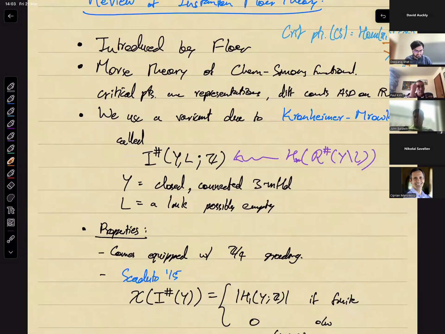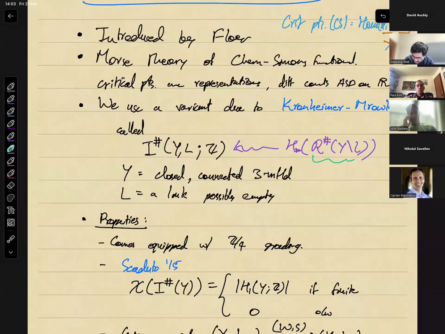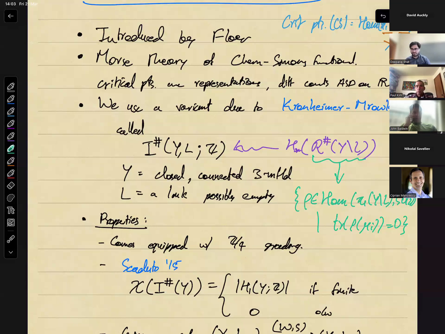The notation for this is I sharp of Y comma L if there's a link, and it's supposed to be a substitute for the homology of your representation variety. In this representation variety, you're looking at rho from the fundamental group of, say, the knot or the link complement to SU2, and you ask for rho to send all the meridians to a traceless element of SU2.